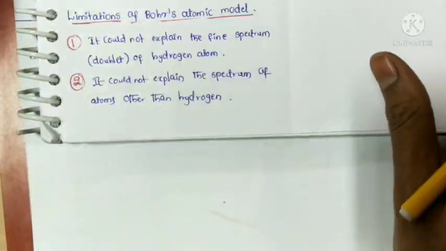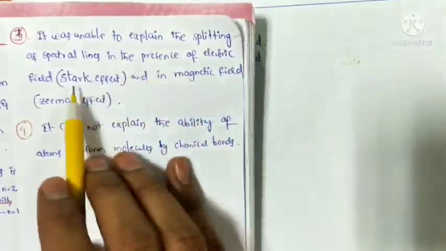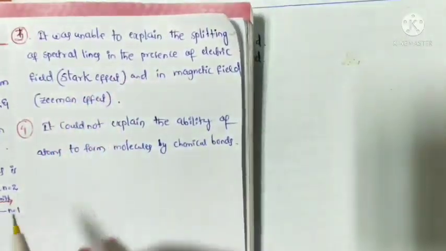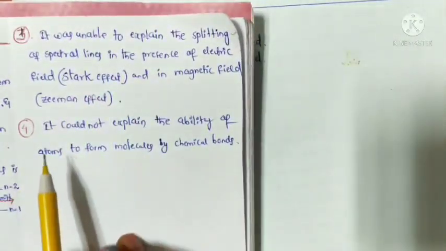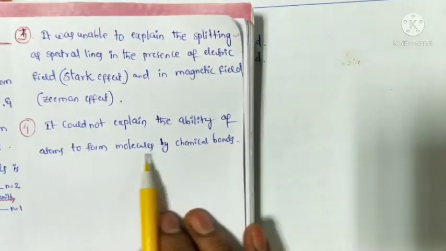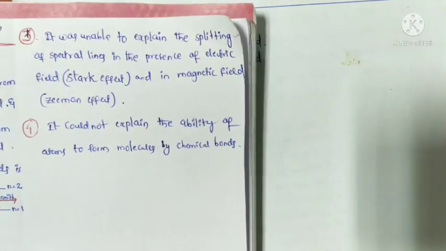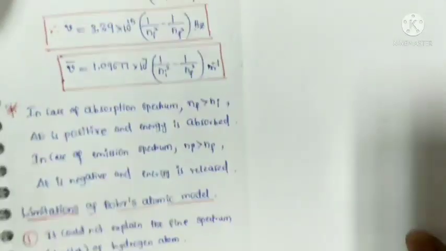And the third one is the Stark effect and Zeeman effect could not be explained by Bohr's atomic model, and it could not explain the ability of atoms to form molecules by chemical bonds. Okay, so this is the information about limitations of Bohr's atomic model.